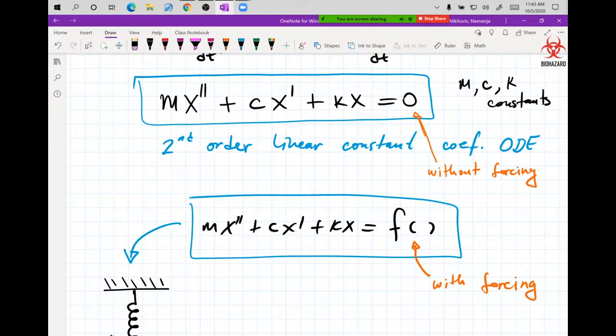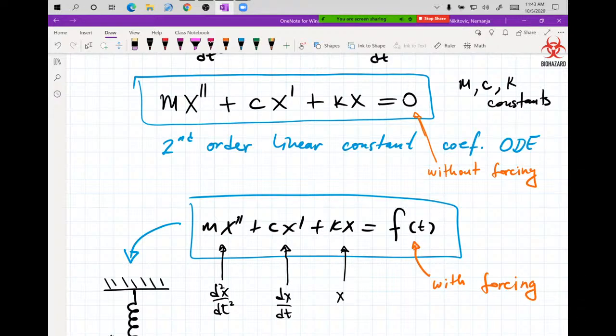This actually should be f of t, because this one is d squared x dt squared, this one is dx dt, this one is just x, and this is a function of time, which is the forcing. This is the forcing term that we use. So this must be t.